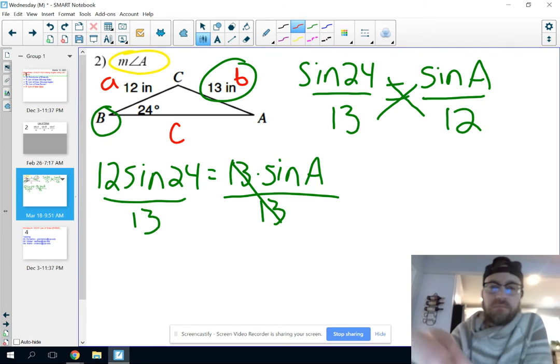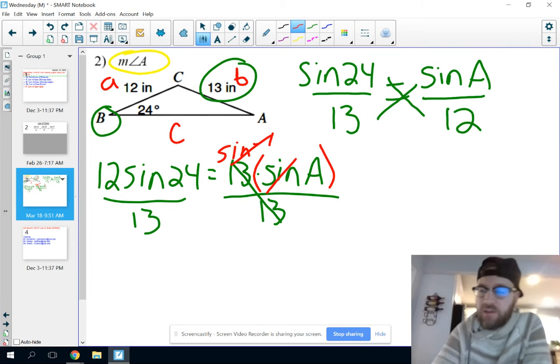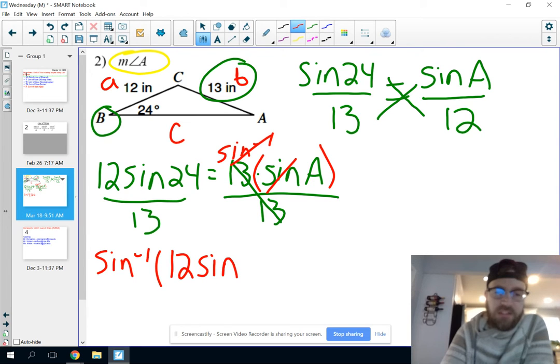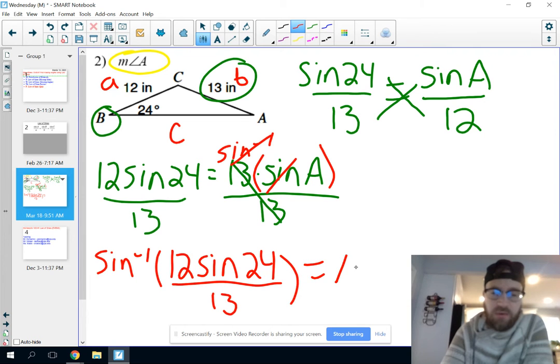Inverse sine of sine of A, inverse sine cancels out regular sine. On this side, it's going to be hard to squeeze in, so I'm going to write it below. Inverse sine of 12 sine of 24 all over 13 is going to equal A.